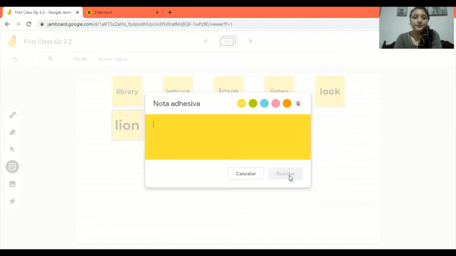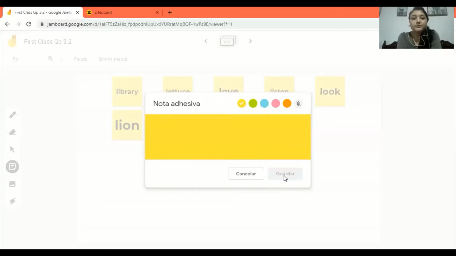Another one. Which one? Think quickly. Letter. Another one. Legs. Lemon. Very good.